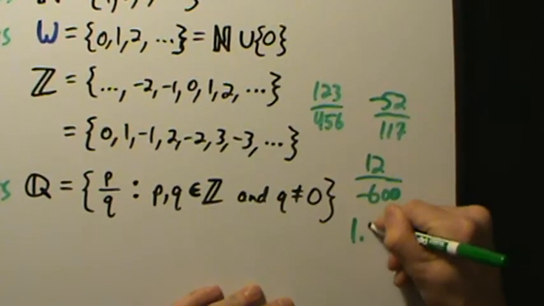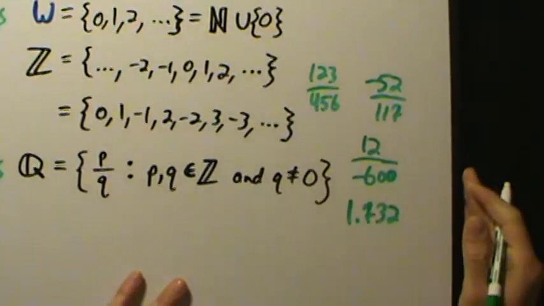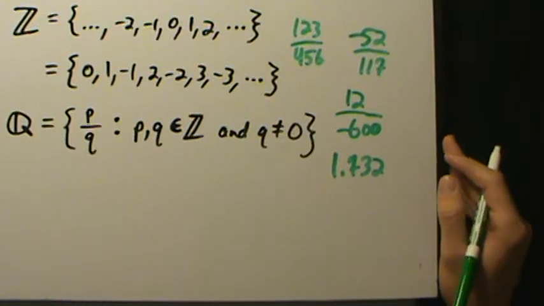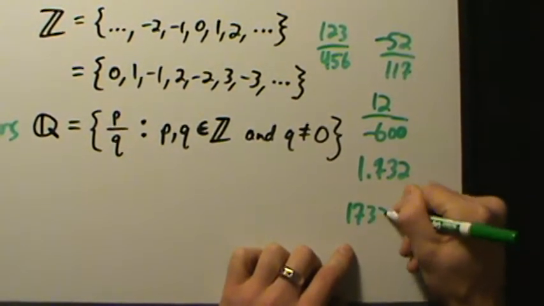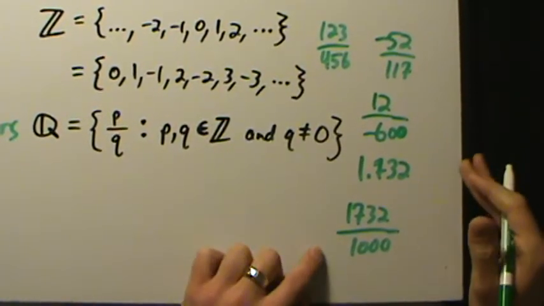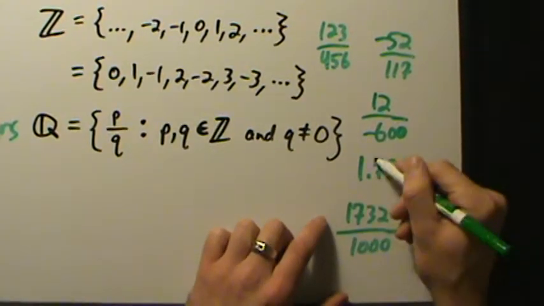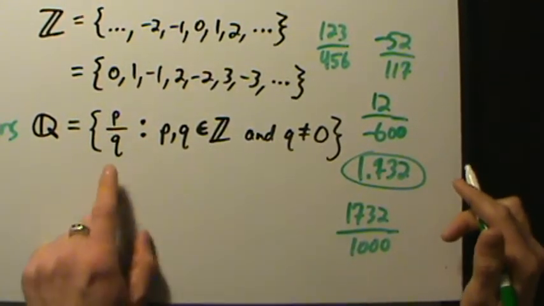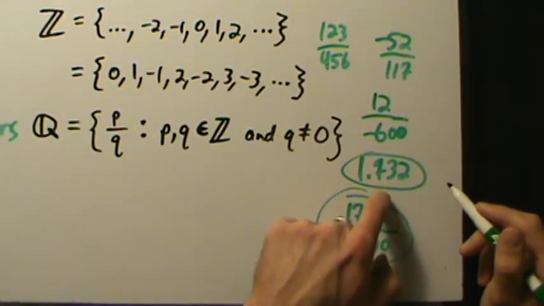So let's say 1.732 is also a rational number, even though it doesn't exactly match this form, because we could write this as 1732 divided by 1,000. 1732 divided by 1,000 is the same thing as 1.732. So 1.732 can be expressed in this form, and therefore 1.732 is a rational number.